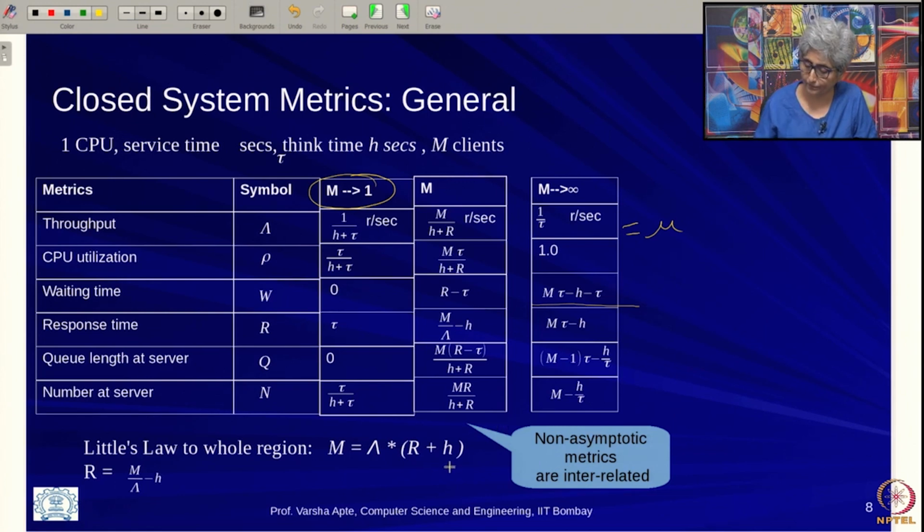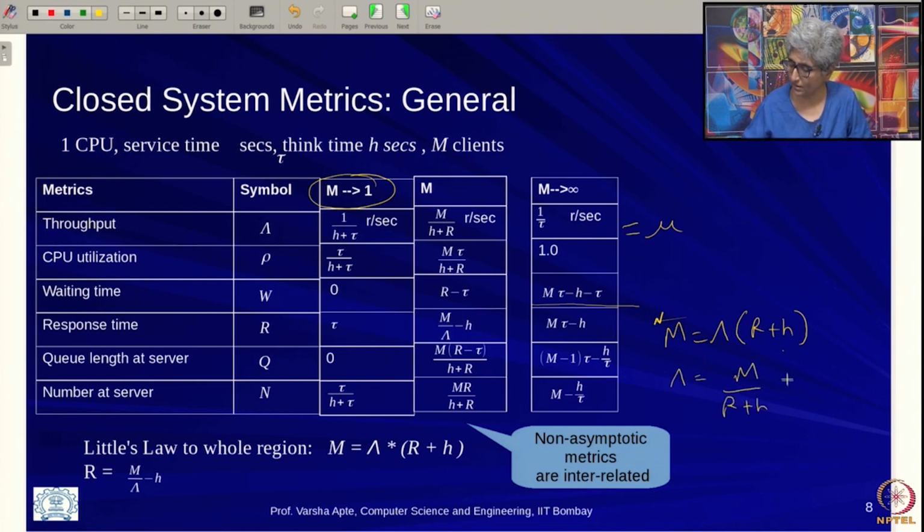At the general m, where you cannot assume a low load or a high load, this is basically just whatever follows from Little's law, which is m is equal to lambda r plus h, right. We have response time is equal to m divided by lambda minus h. CPU utilization is the throughput, which is nothing but m divided by r plus h, and you multiply this by tau, that is what you get as CPU utilization.